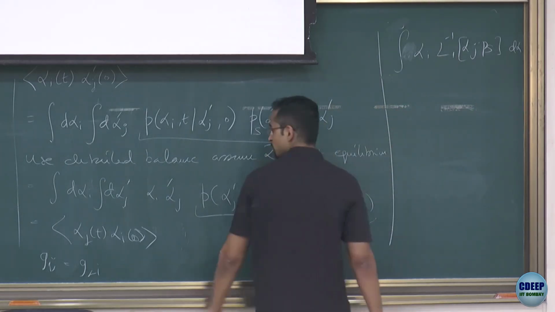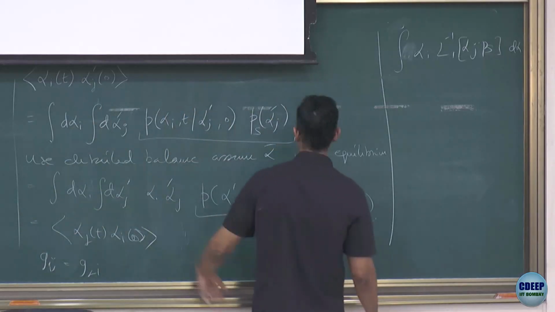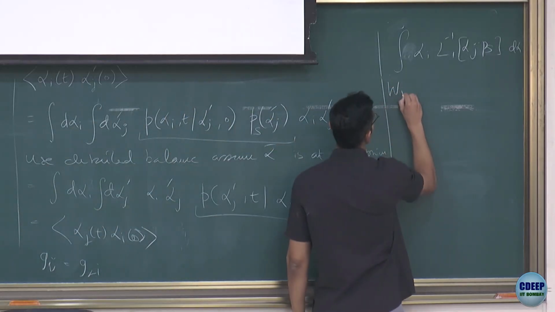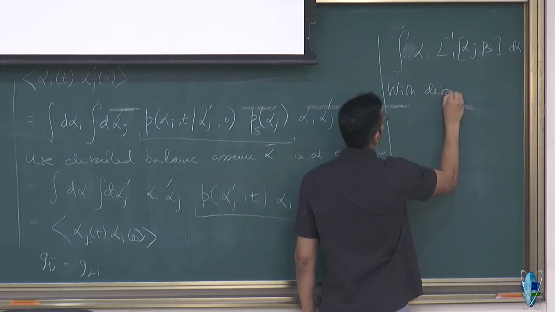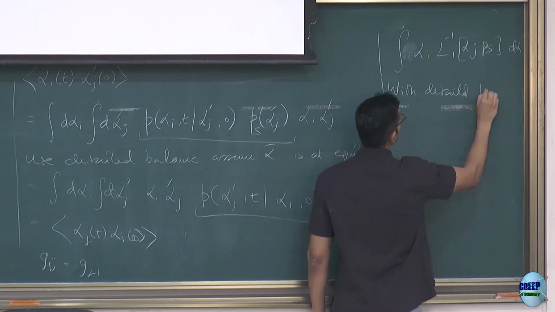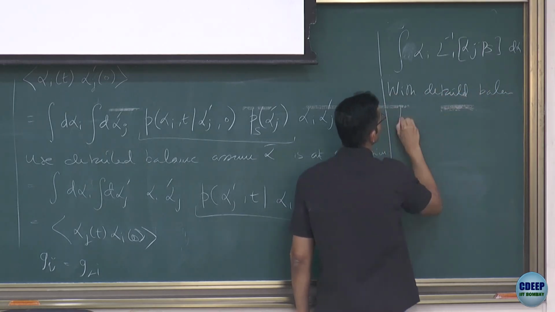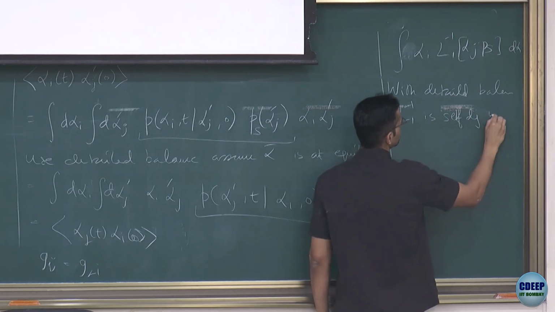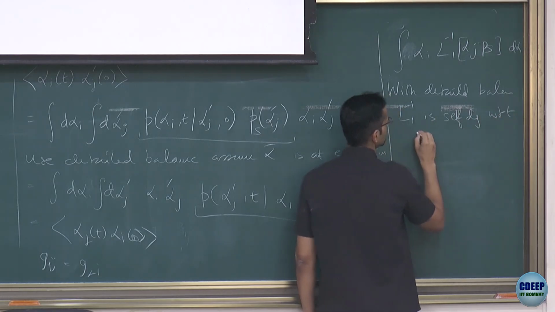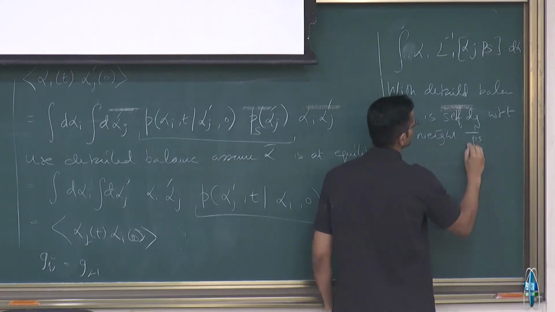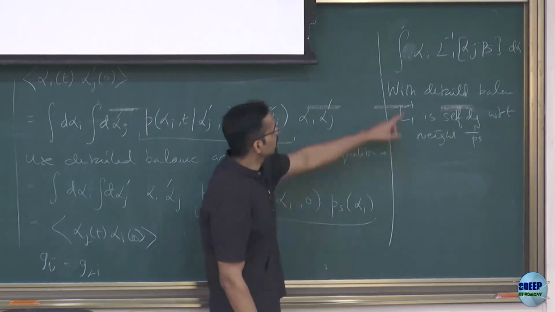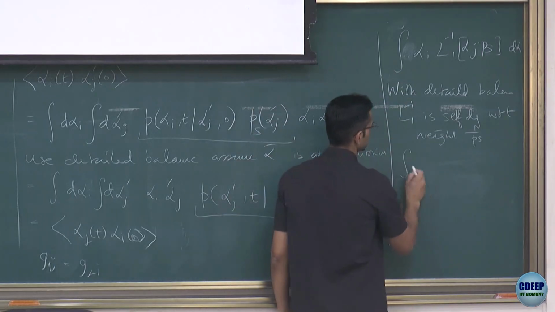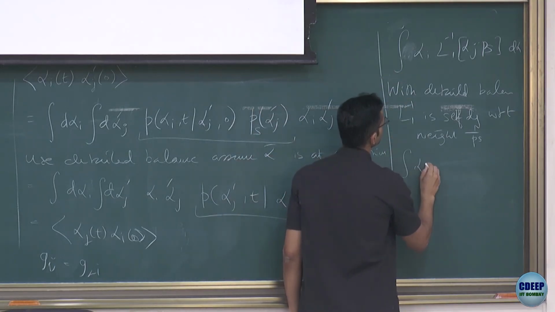And it turns out that when you have this detailed balance condition, which you can prove similarly, if you have detailed balance, L1 and L1 inverse are self-adjoint with respect to the weight 1 by PS. So what I can do is multiply and divide this by 1 by PS.